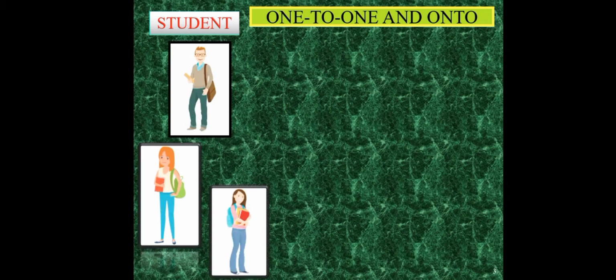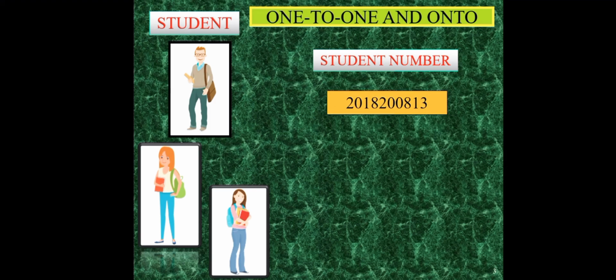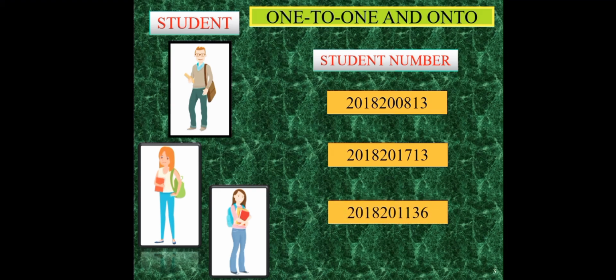In the domain we have student 1, student 2, and student 3, while in the codomain we have student numbers 2018-200-813, 2018-200-1713, and 2018-201-136.